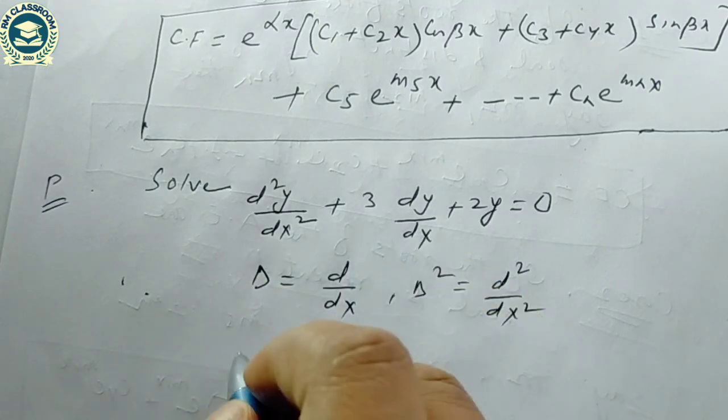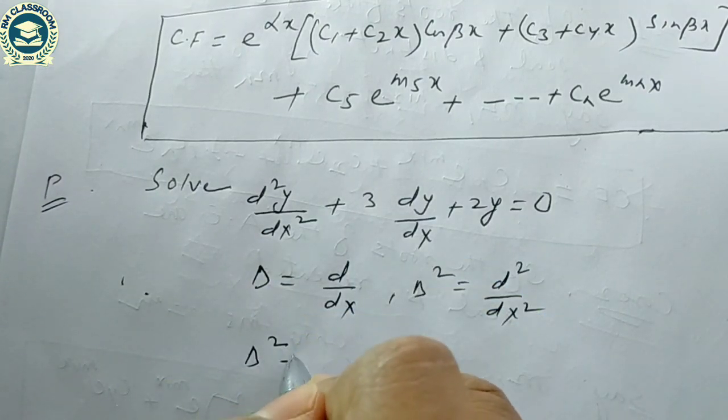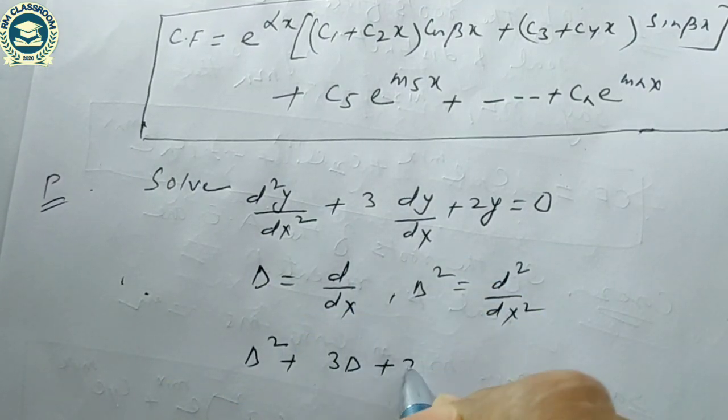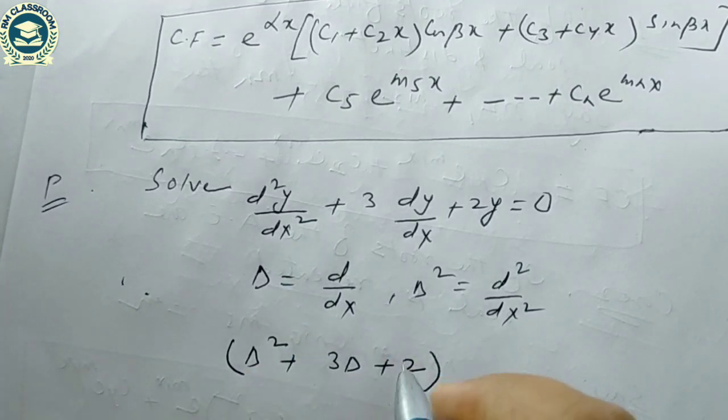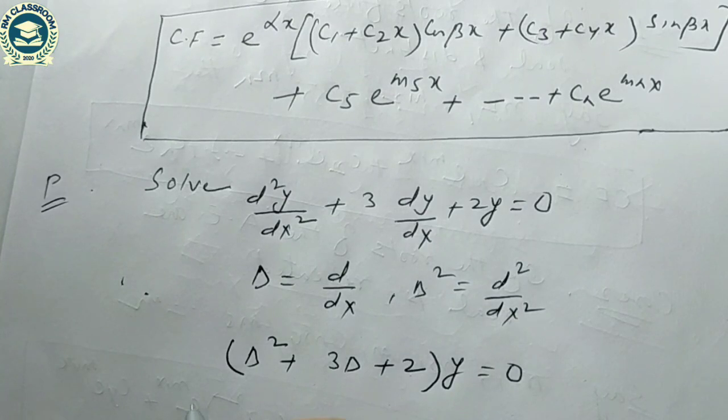So we can write this equation as (D square plus 3D plus 2) y is equal to 0. Here I have written f(D) y is equal to 0.